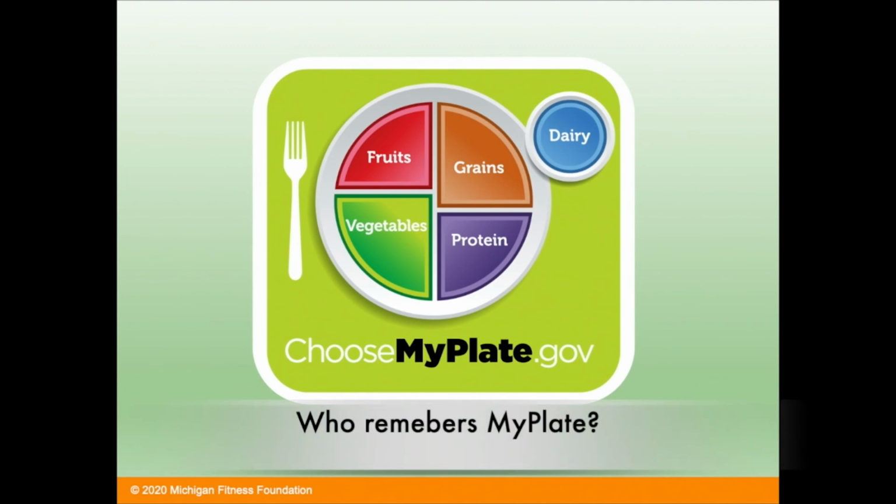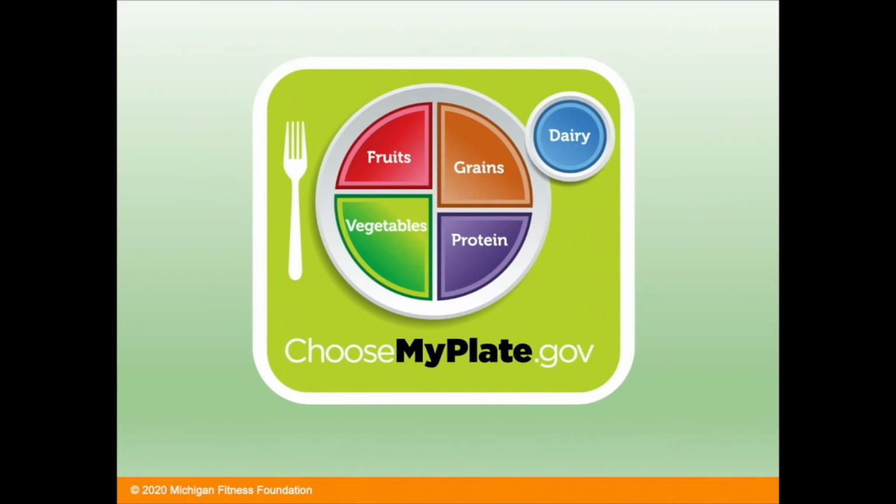Who remembers my plate from our last 2 lessons? Let's talk about how our healthy snacks fit into my plate. For our popcorn snack, that would go in our grain category. And for our fruits snack, our apple Go-Go's would fit in our fruits section because they have apples and grapes in them.